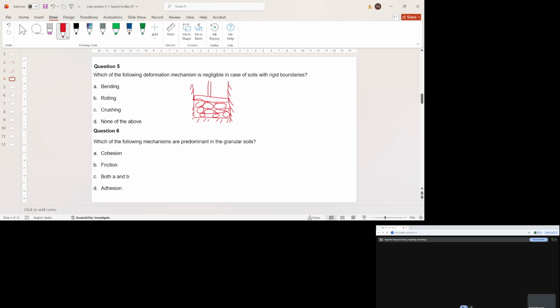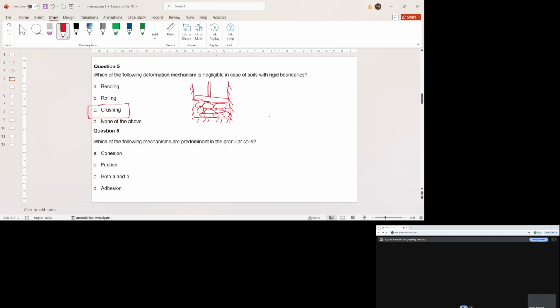Once the load is applied continuously, over a particular pressure, due to sharp edges of the grains, stress localization will occur, causing a sudden rise in stresses at the contact points, and that may result in some crushing of the grains. So crushing is a significant phenomenon that occurs here.